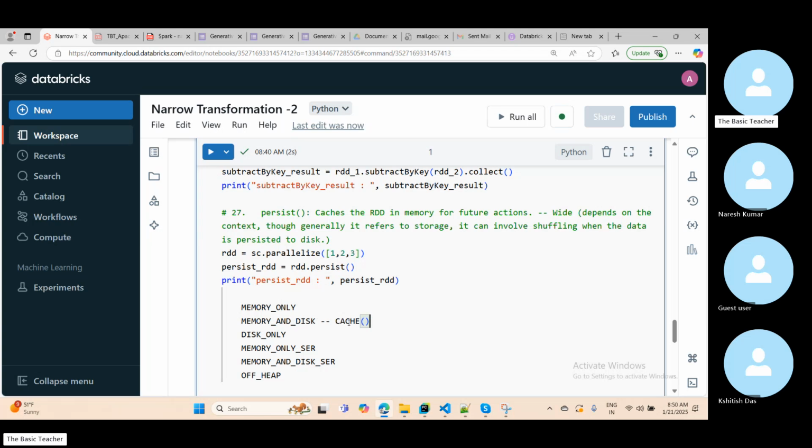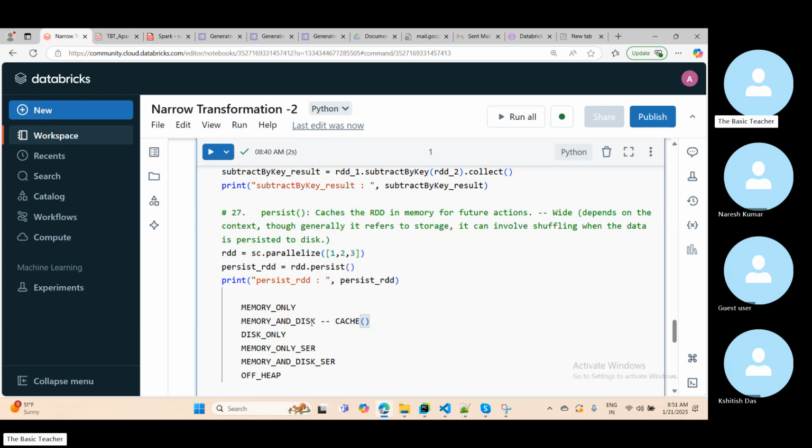For cache, Spark will try to keep the data in memory, and if that does not fit, the exceeded data goes to disk. We can use this when the data fits into memory or can partially spill to disk without recomputation.